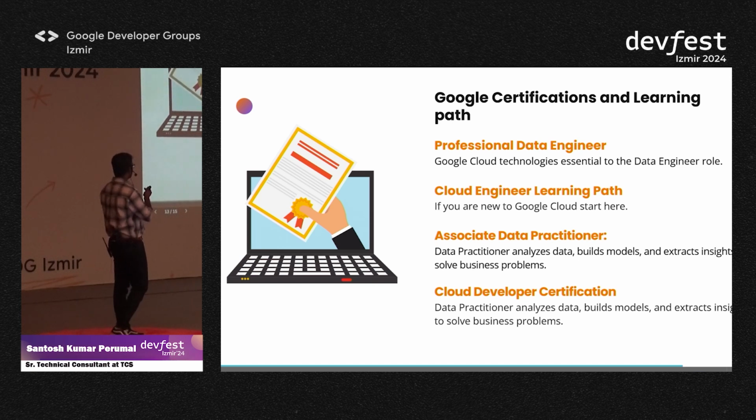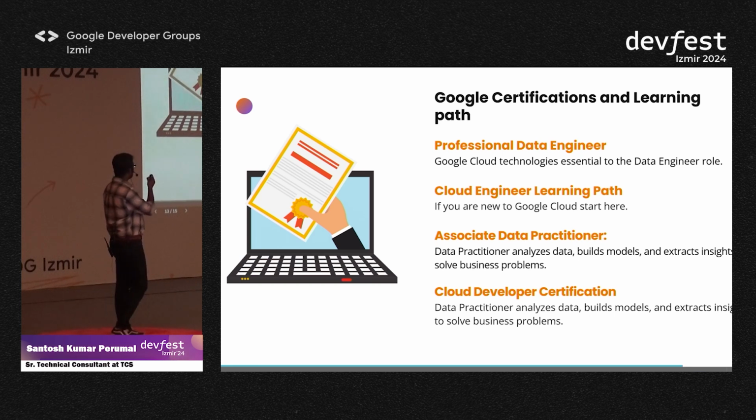And if you are a person who wants to extend your data practitioner knowledge to the next level and seek roles like data engineering, they have a professional certification which is mainly for data engineers. It helps you understand concepts like BigQuery and many other concepts related to data engineering.